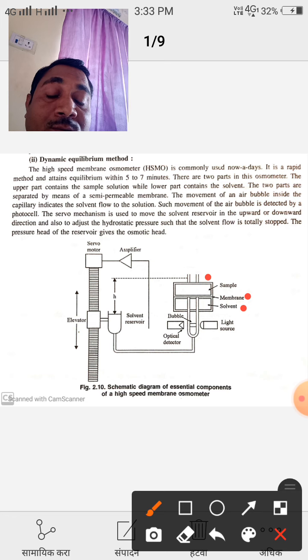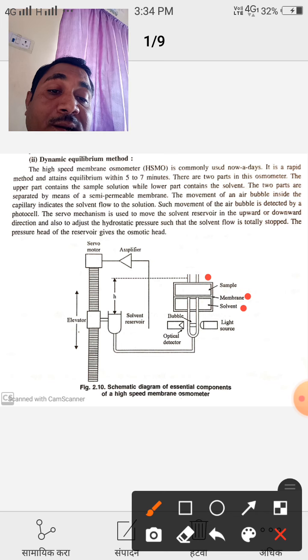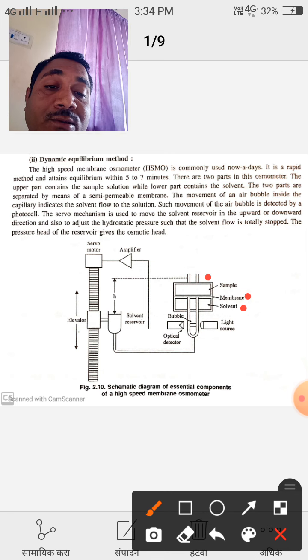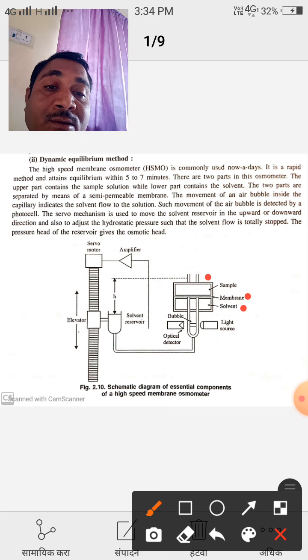The movement of the air bubble indicates the migration of solvent into the solution. This movement gives the measurement of osmotic head, that means osmotic pressure.